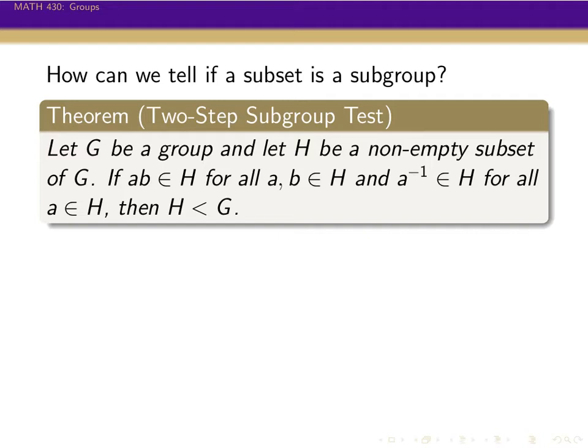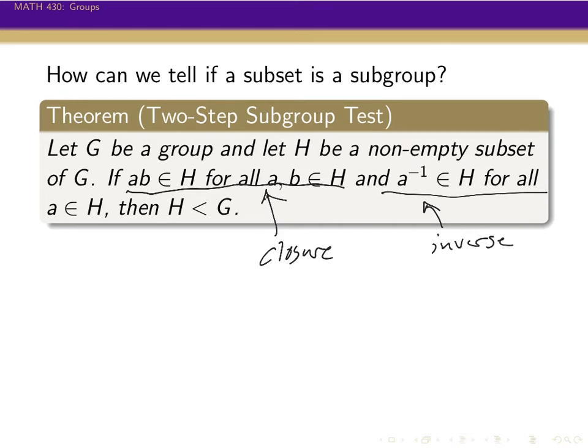We need to check closure, that's one property, and we need to check that it has inverses. And if it's closed and it has inverses, then it's going to fulfill all the other properties of a group.